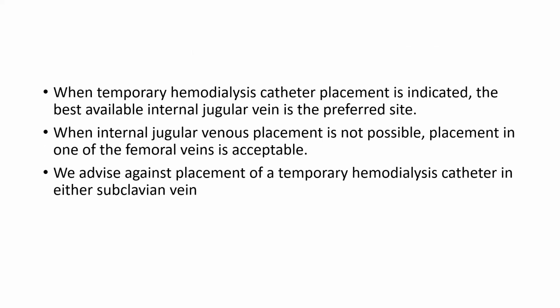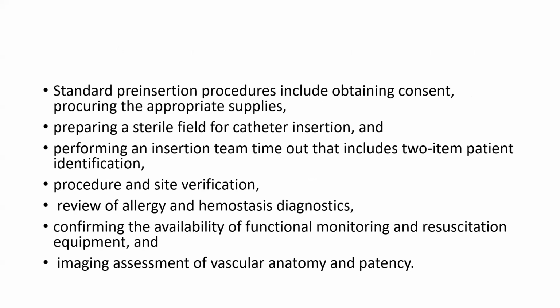When temporary hemodialysis catheter placement is indicated, the best available internal jugular vein is the preferred site. When internal jugular venous placement is not possible, placement in one of the femoral veins is accepted. We advise against the placement of temporary hemodialysis catheters in either subclavian vein.